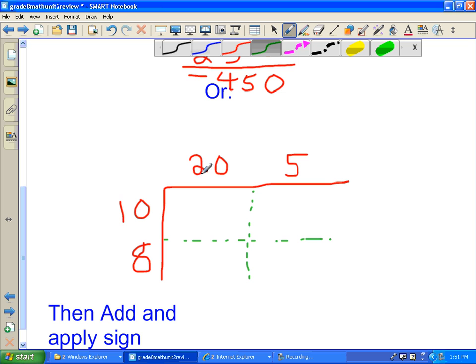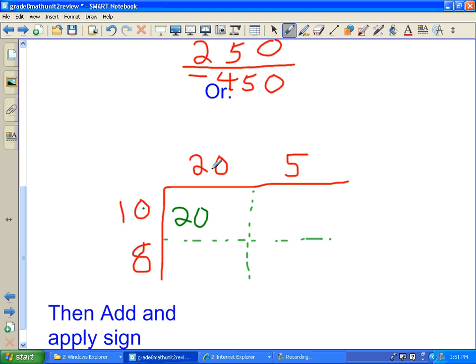Well, 10 times 20, okay, when you're multiplying by 10, all you do is add a 0 on to whatever number you're multiplying it by. 10 times 5 is 50. 8 times 20, well, 8 times 2 is 16, and then we just add a 0.